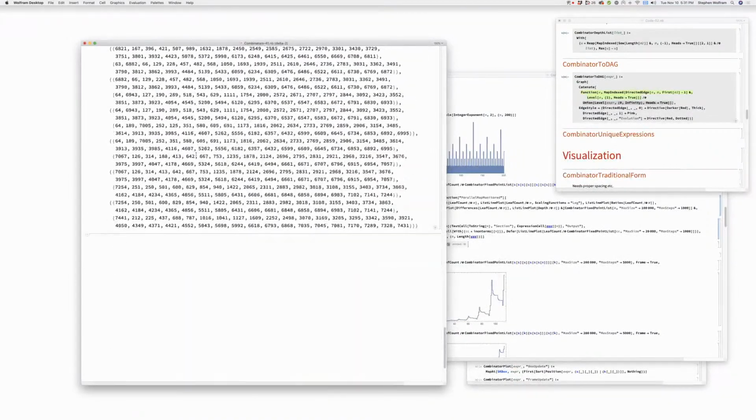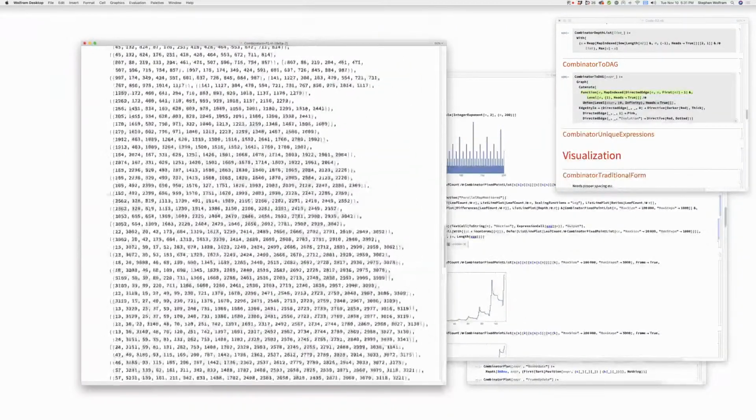And for each of those, we could say leaf count. By the way, we don't know if expressions are created and then destroyed again. Okay, so this is showing us, wow, these things get big.